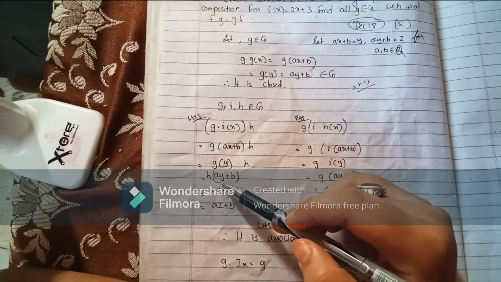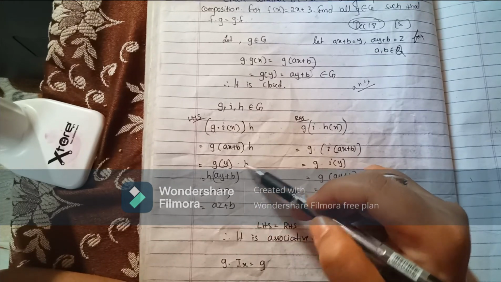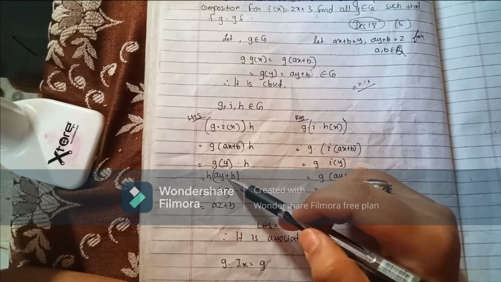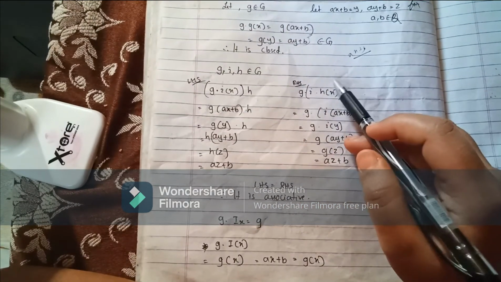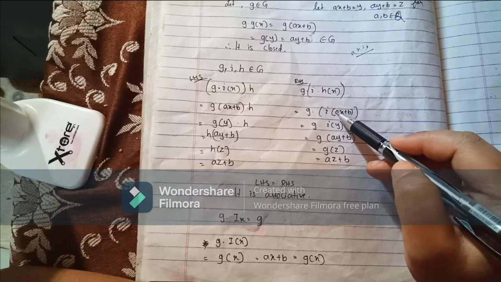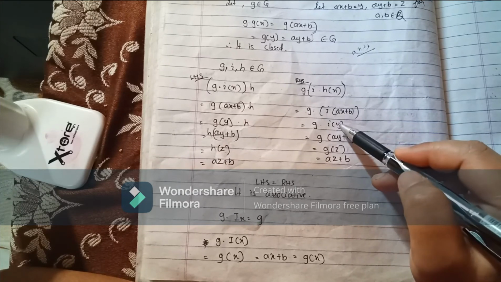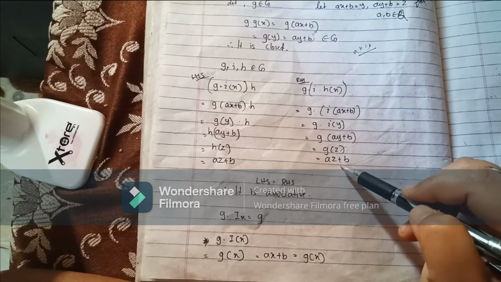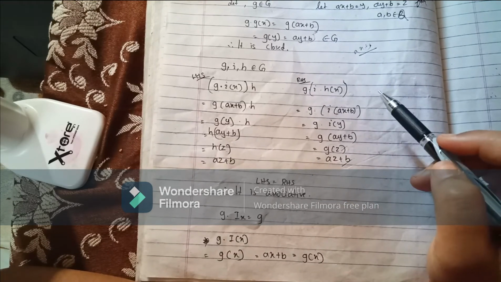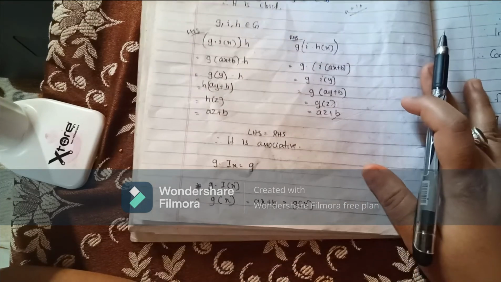So g of y is equal to ay plus b. The last function is h. So h of z, I can replace this with z, is equal to az plus b. Similarly, h of x is equal to ax plus b. Now we can replace this with y, this is ay plus b. Now we can replace this with z, az plus b. Now LHS is equal to RHS. That means it is associative.